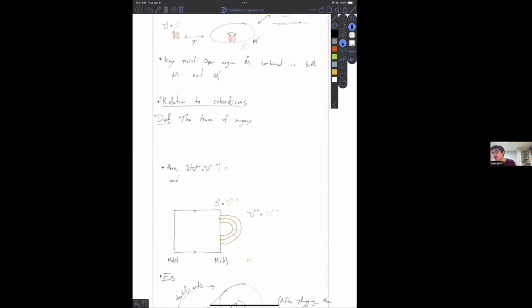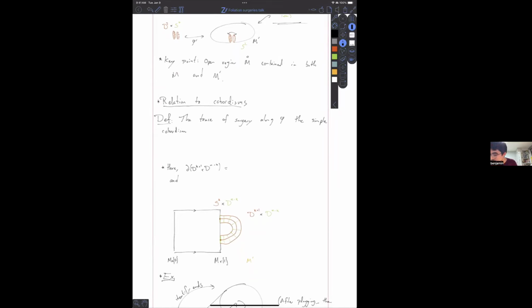And so these surgeries are much related to the theory of cobordisms. So the trace of surgery along phi is the simple cobordism, simple meaning you can give it just a single critical point.